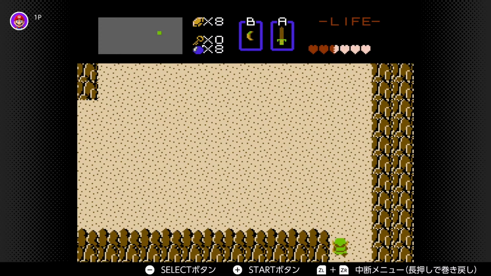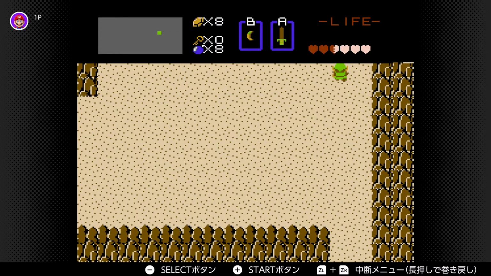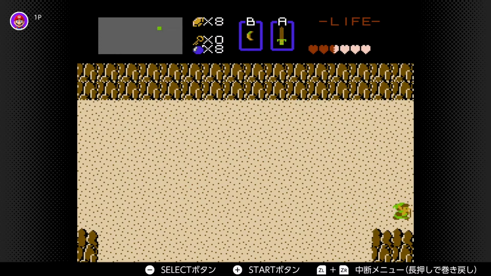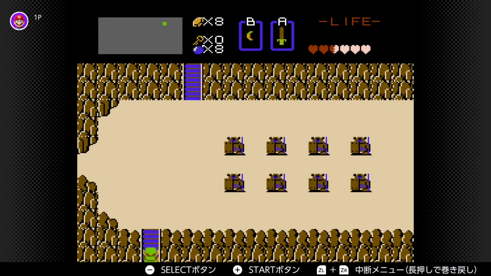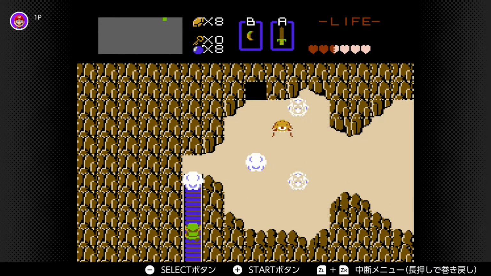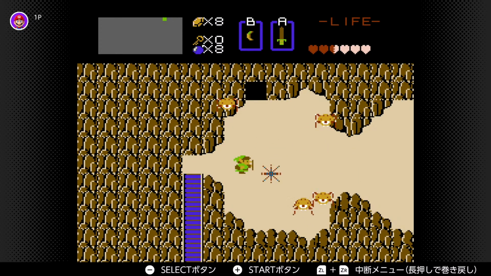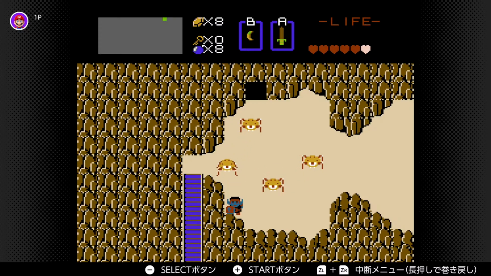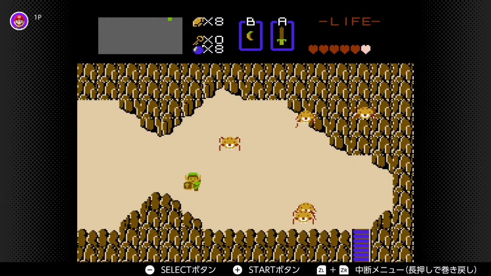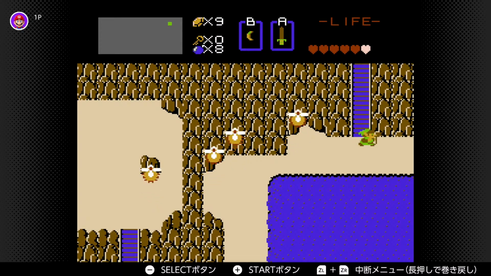Yeah, we should get the candle as soon as we can, because then we can start burning the bushes, the trees, or however they're called in this game, that we keep on seeing. Okay. Fortunate that we lost a heart, but we're definitely in a better position now.